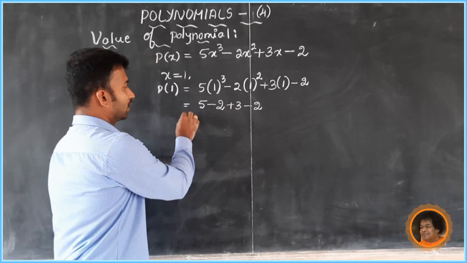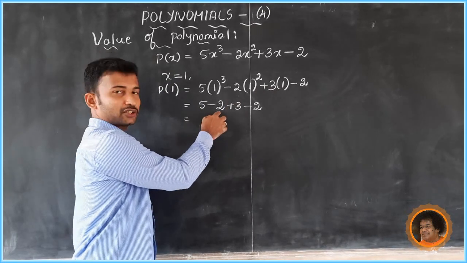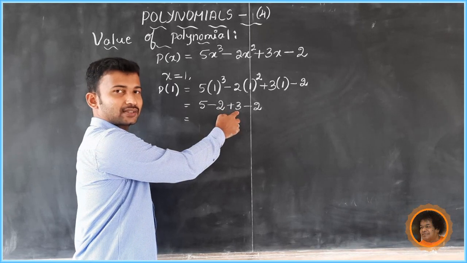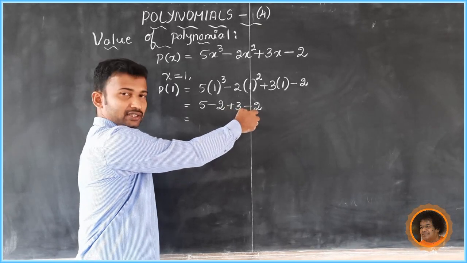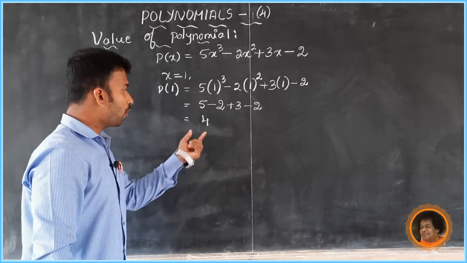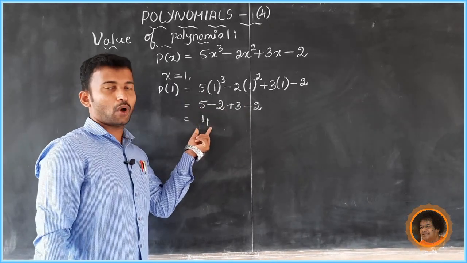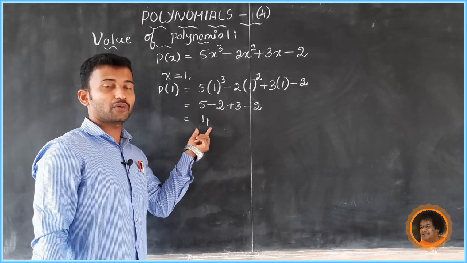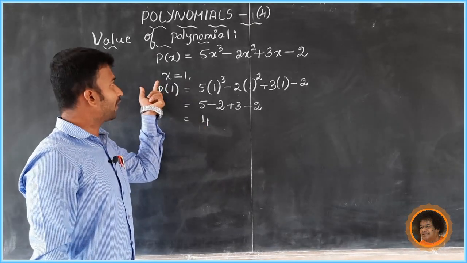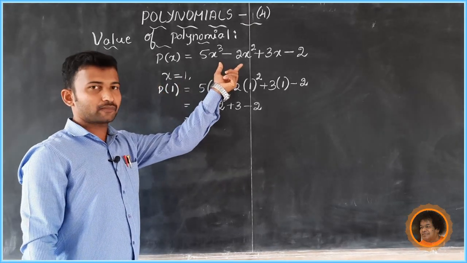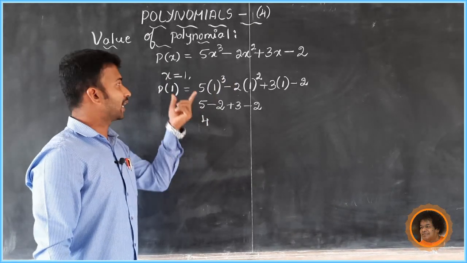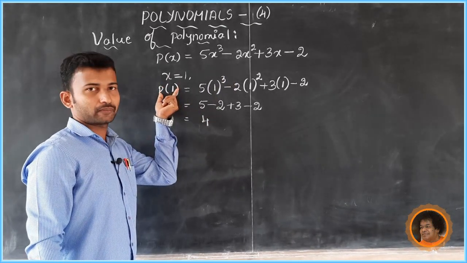Further simplifying, 5 minus 2 plus 3 minus 2 gives 4. 4 is the answer. So we say that p of x is a polynomial and 4 is its value at x is equal to 1.